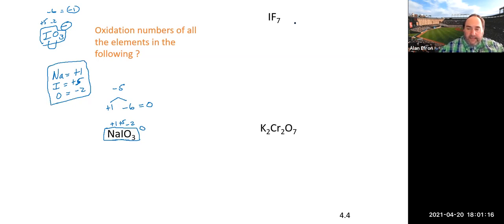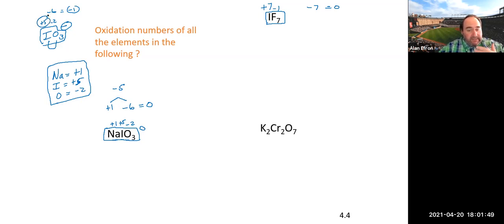Coming up to the top here, our fluorine is always going to be -1. And since there's 7 of them, that gives us a -7 for the fluorine side. Again, this entire thing has no charge, which means when we add that up, it needs to equal 0. That means the iodine here is now carrying a +7 charge, different from what it carries in this configuration.